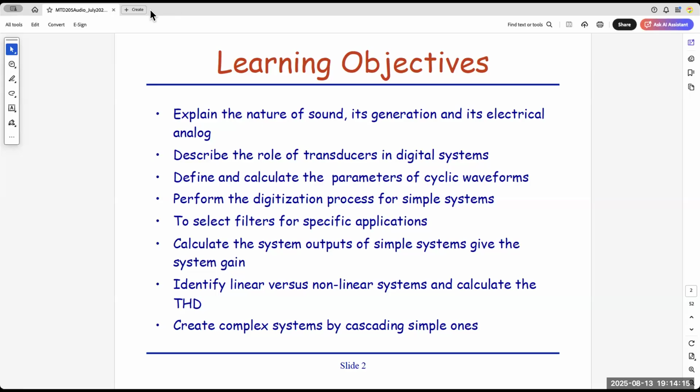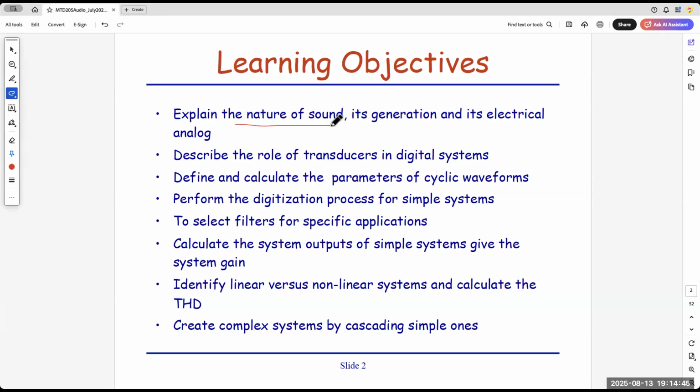Without further ado, let me talk about the six lectures I will review, including the lab itself: what we are supposed to do and what the learning objectives are. The first learning objective for today is to understand the nature of sound.